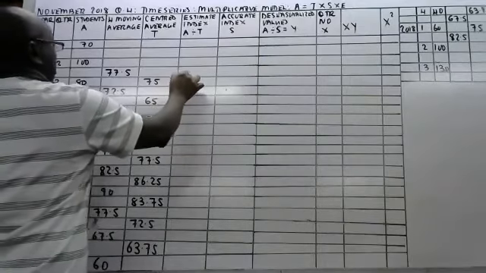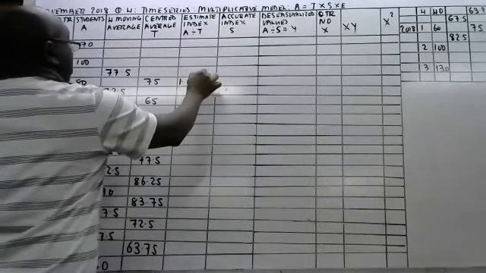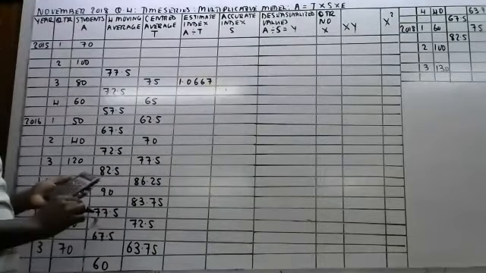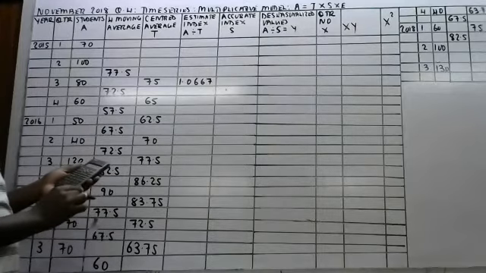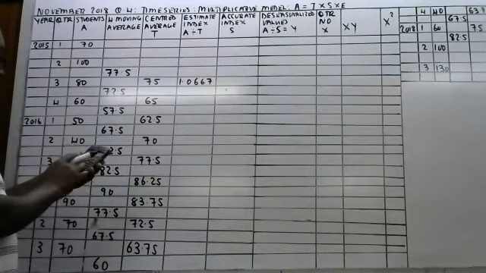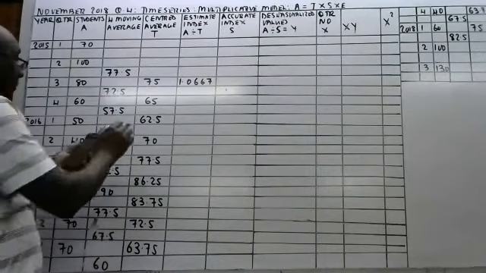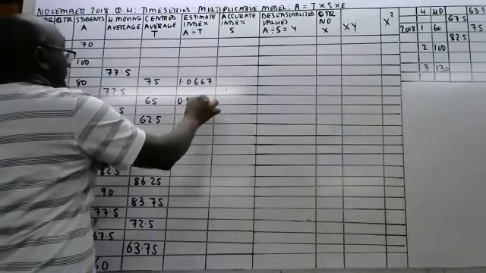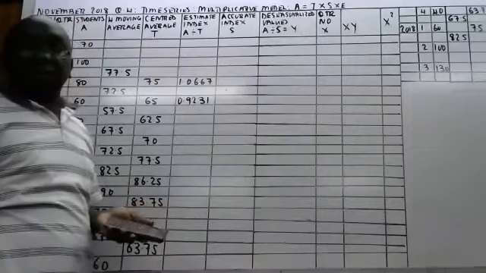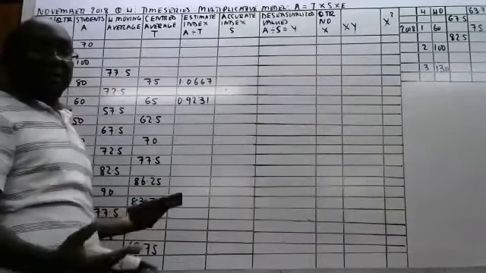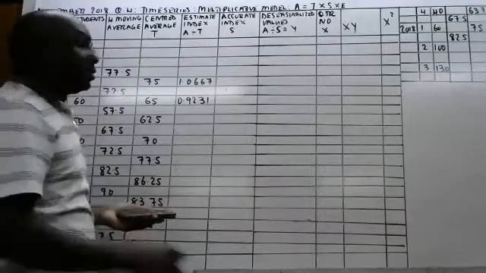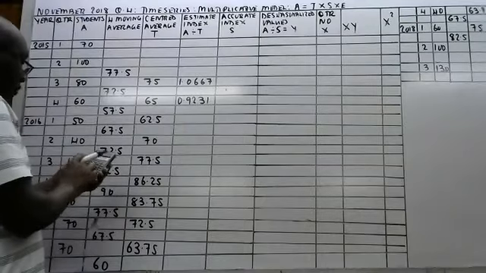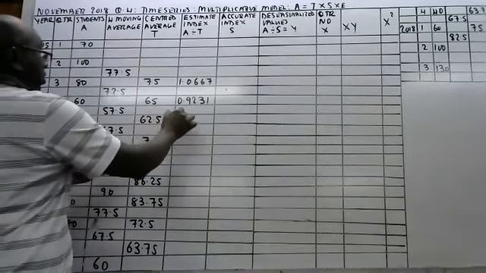That gives 1.0667. With 4 decimals, 60 divided by 65 is 0.9231. But remember, you can choose whatever number of decimals you want. But the practice in CASNEP has been we take 4 decimals, but you can take whichever you want. So 50 divided by 62.5 is 0.8.